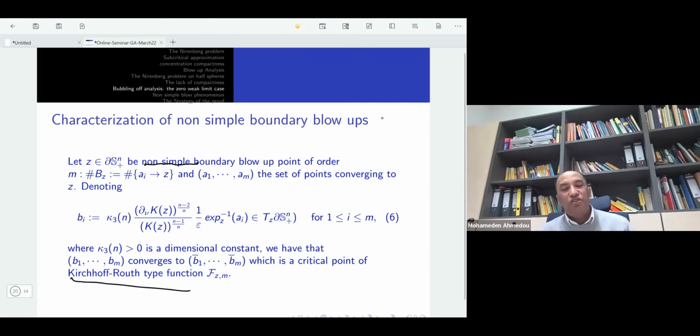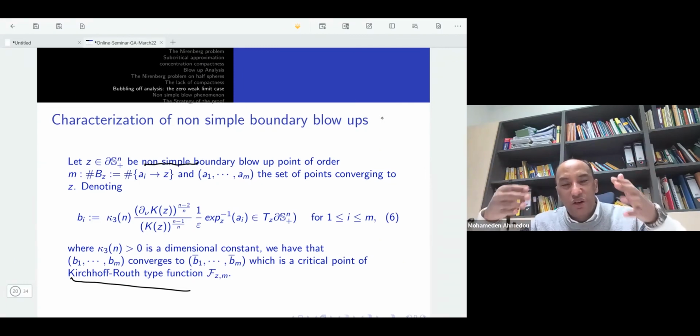So in particular, if you know that this function here does not have any critical point, then you can rule out non-simple blow-up. And if you know that it does have a critical point, then you can try to construct also different sequences converging to the same point.